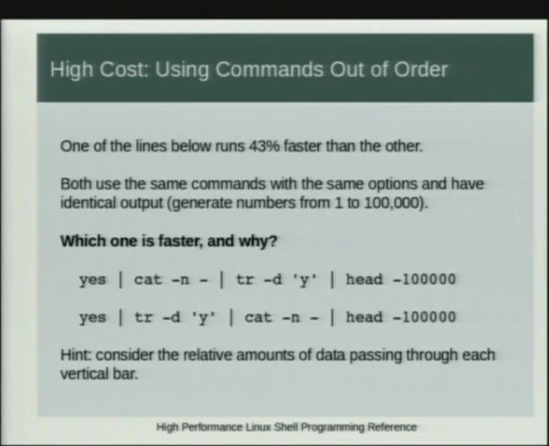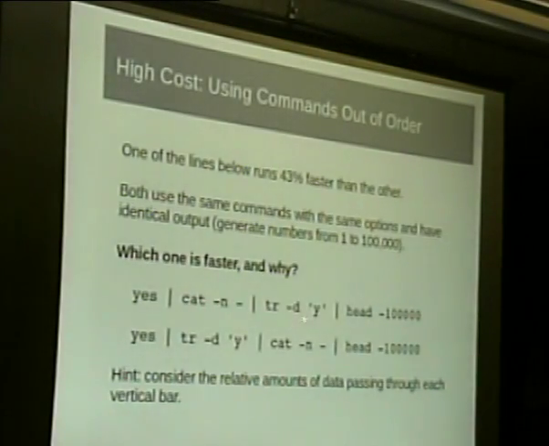All right. I'm not saying that this is the best way to generate a list of numbers, but I'm using this because it's a good way to see how identical commands used in a different order can come up with much different speeds. This part adds a number to the front of the line. This cuts out the Y that this puts out.